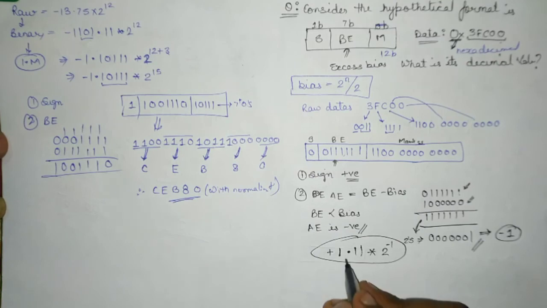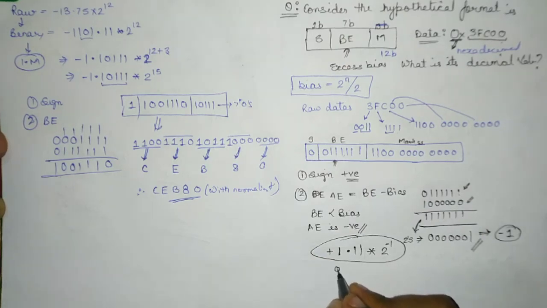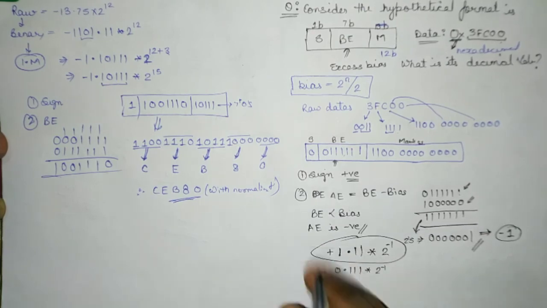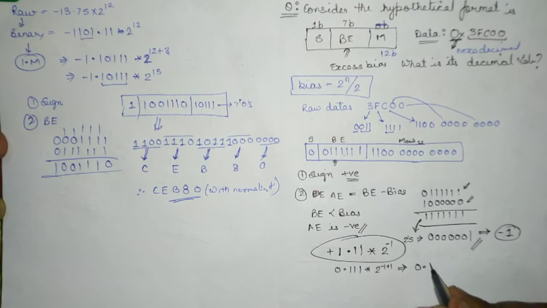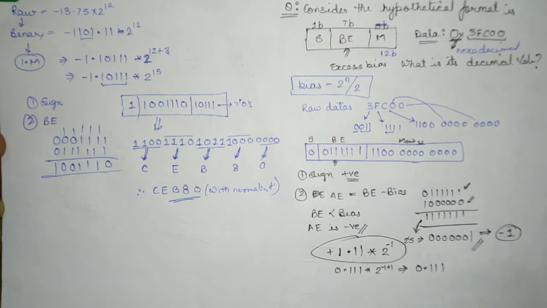Now we have to denormalize it, shifting this 1 to the right hand side. So it will be 0.111 into 2 to the power minus 1. As we have shifted this 1 to the right hand side, we'll be adding 1 to the exponent, so it will be 0.111 into 2 to the power 0, which is equal to 1.